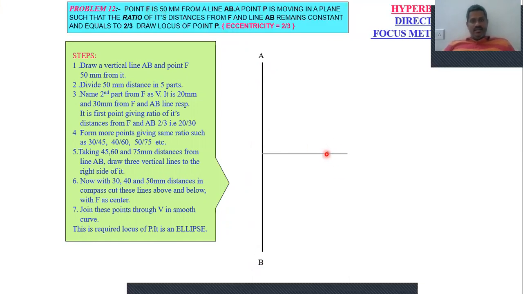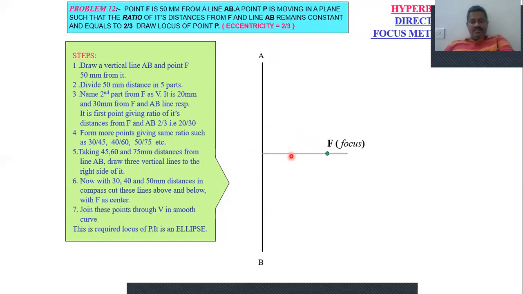So locate the focal point F at a distance of 50 mm from line AB. This point is the focus, and this line is the directrix. The fixed line and fixed point are known as the directrix and focus respectively.